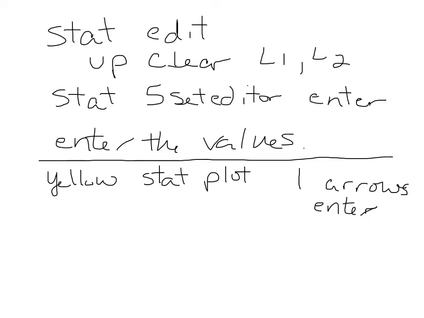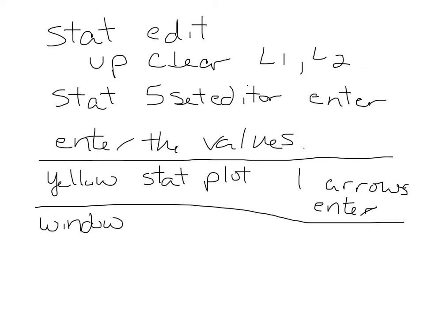After you've turned the graph on, we need to fix the window. So you go to the window button. Your X values, again, are in list 1.